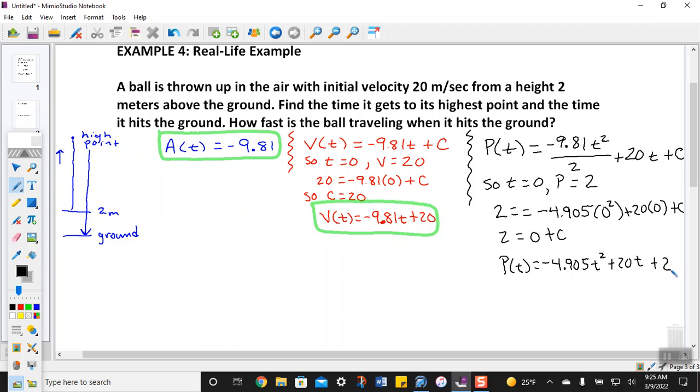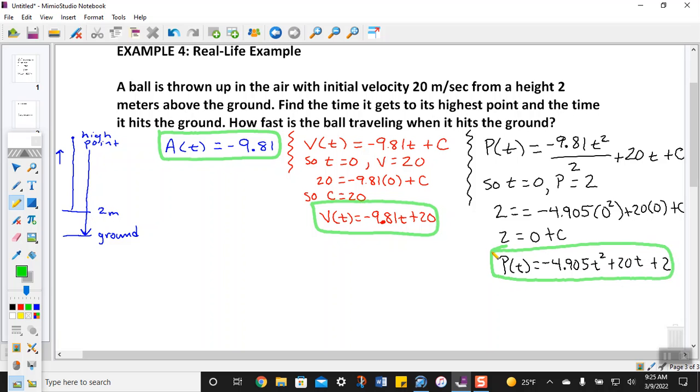What was the initial velocity? 20 times t plus the initial height of 2. Okay. We did this like 2 weeks too late, did we? Yeah. Does it make sense this way? Yeah. Okay, that's where that's all coming from.